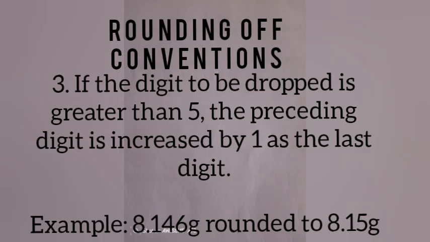Now, for instance, we have a measurement 8.146 grams. We can round it off to 8.15 because here the digit to be dropped is 6, and 6 is greater than 5. Hence, we drop that digit and we increase the preceding digit, which is 4, by 1. So, this will now be rounded off to 8.15.